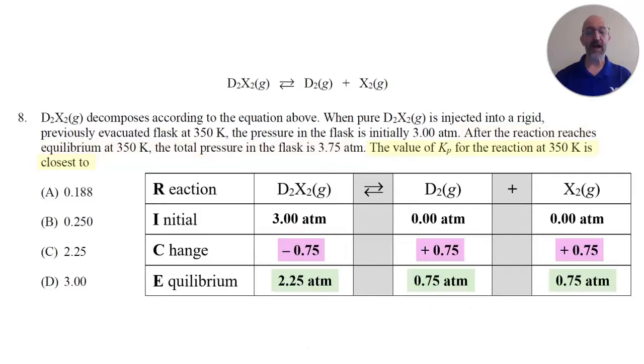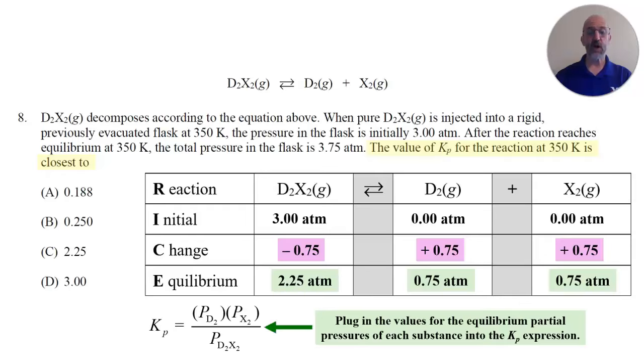So the equilibrium constant expression, Kp, would be products over reactants, so partial pressure of D2 times partial pressure of X2 divided by the partial pressure of D2X2. And I have those values listed in the final row of my RICE table. So when I plug in the values for the equilibrium partial pressures of each substance into the Kp expression, the numerical value of Kp can be calculated as follows.